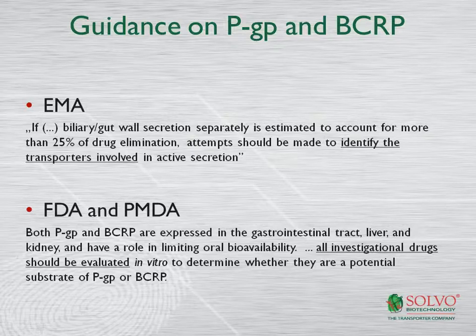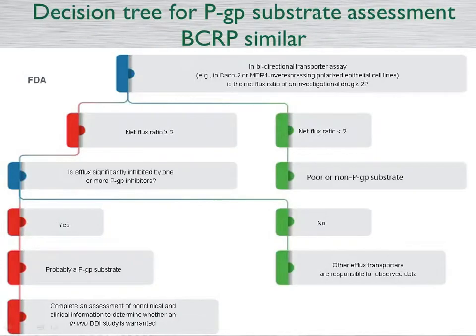The FDA and the Japanese guidance already mention the gastrointestinal tract, liver and kidney for both transporters. I also want to mention that in the brain, at the blood-brain barrier, both transporters are essential. So if you want to treat in the brain, you also need to study both transporters. The decision tree, I really want to show.